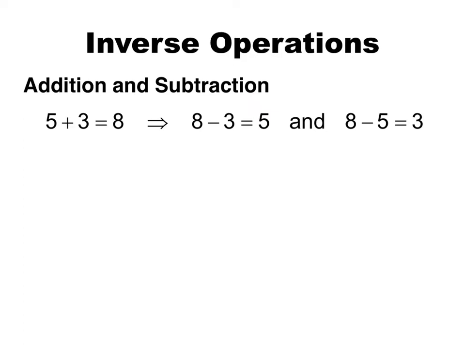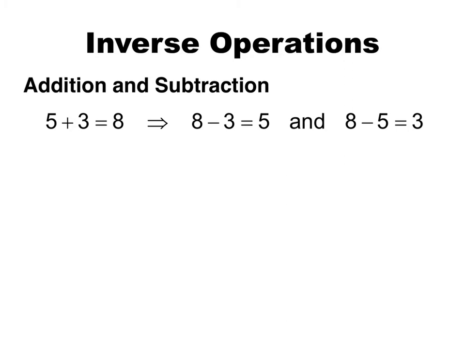Now from this one addition problem we get two subtraction problems. 8 minus 3 equals 5 and 8 minus 5 equals 3. So these two subtraction problems are equivalent to this one addition problem. So from one addition problem we get two different equivalent subtraction problems.